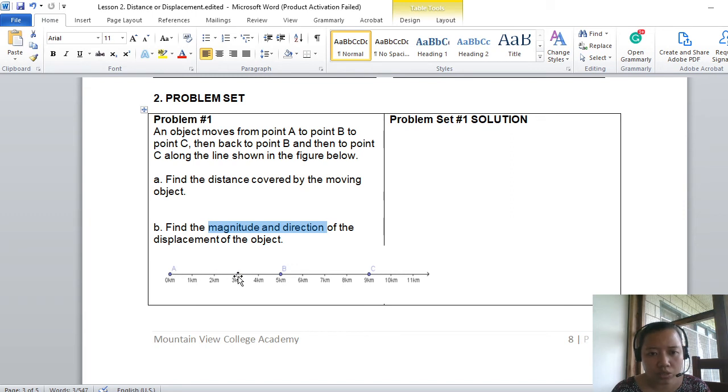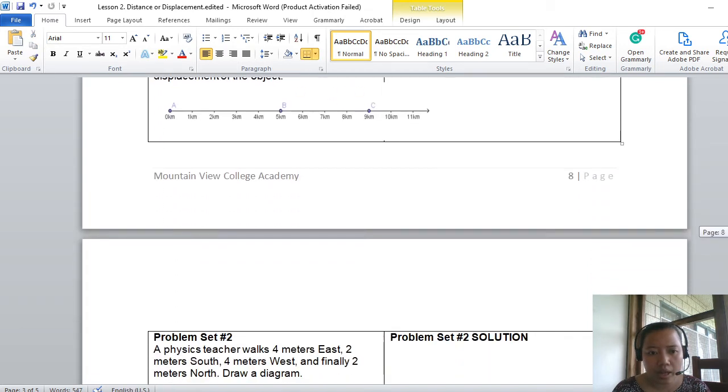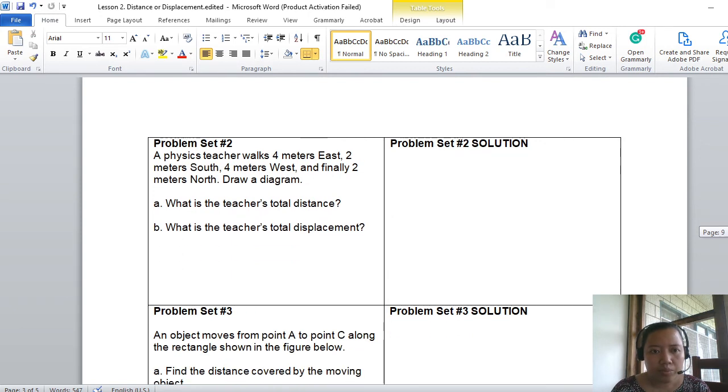So since the object is going to the right, so it's east. So you just have to put the direction as well as the magnitude in order to get the displacement.